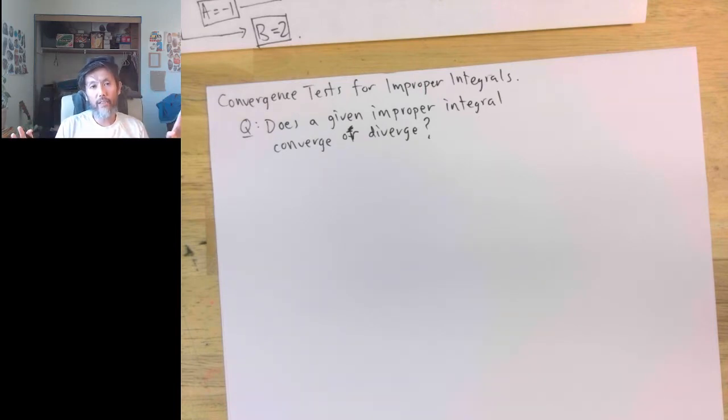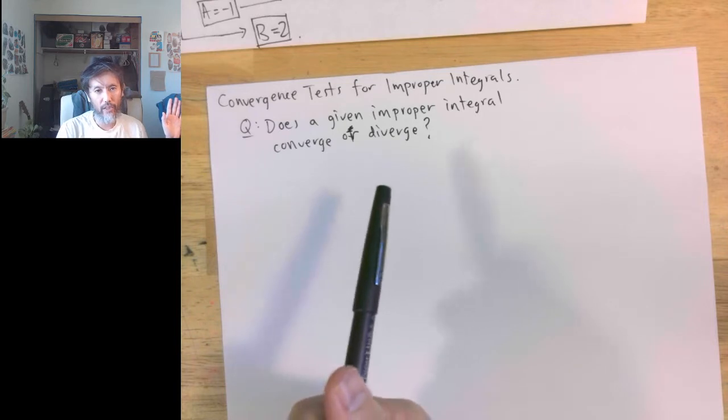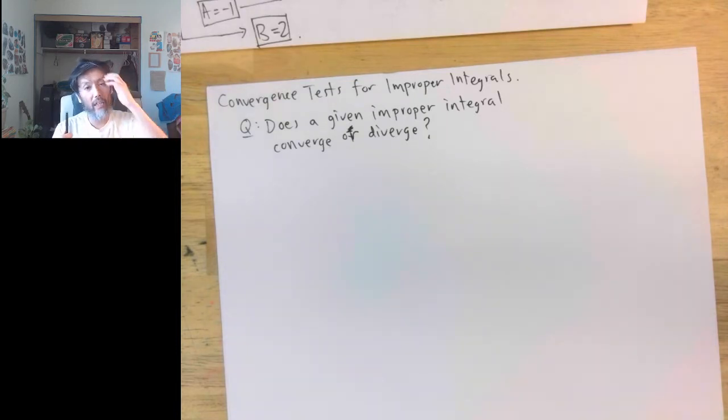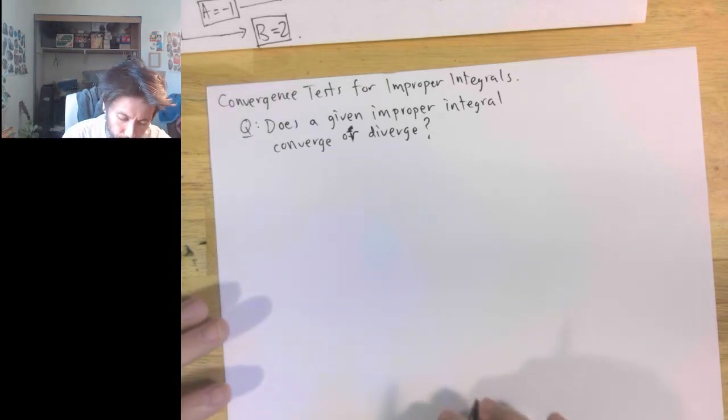Results which shed light on this question are called convergence tests. They're not called divergence tests, I don't know why, but they give an answer to the question, does an integral converge or does it diverge?